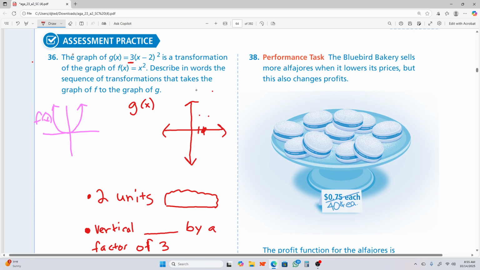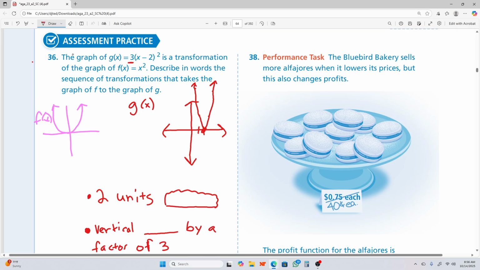We can see it's skinnier, and that is a vertical stretch. It is skinnying up. So we moved 2 units to the right, and we had a vertical stretch by a factor of 3. So those were like review from last week.